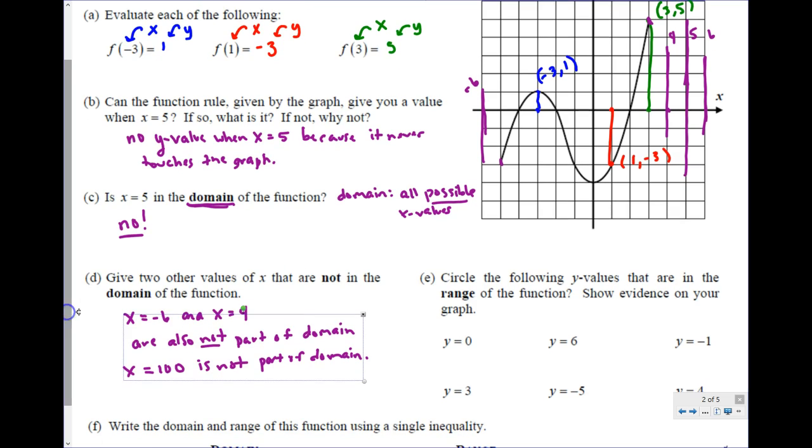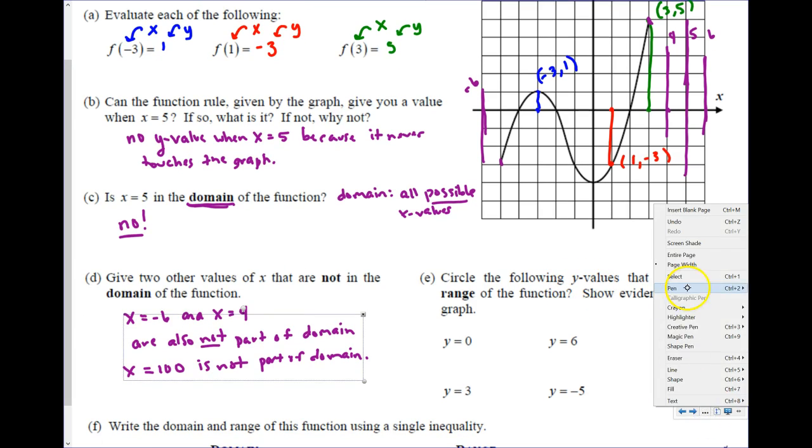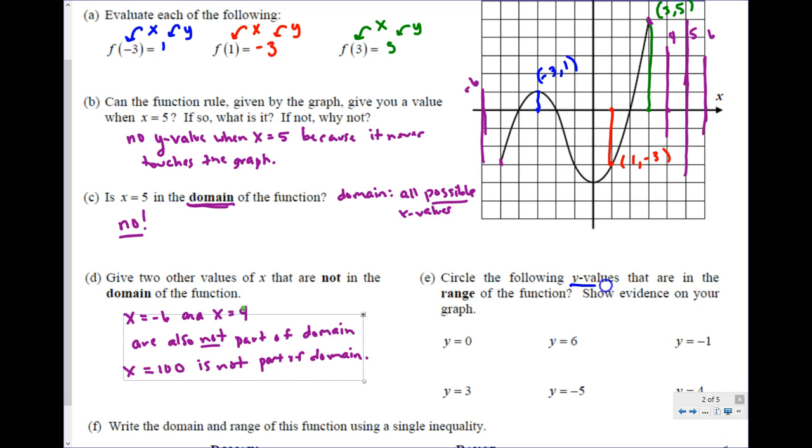All right? Letter E, circle the following y values. Now we're thinking about y values, and they're all listed down here, the possible y values that are in the range. So remember, range from our definition are all possible y values. So now I'm going to change my thinking a little bit.